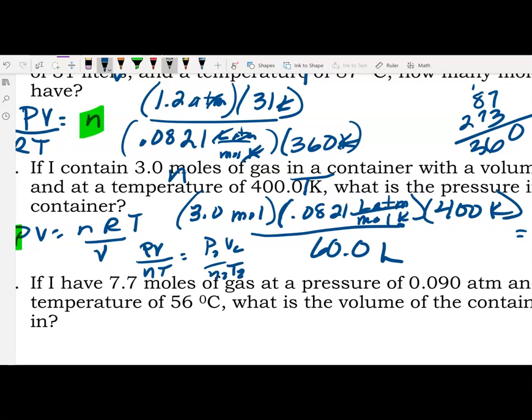You're just subbing all that information in, and we call this R instead. Yes, Grace? How do we know which equation to use?